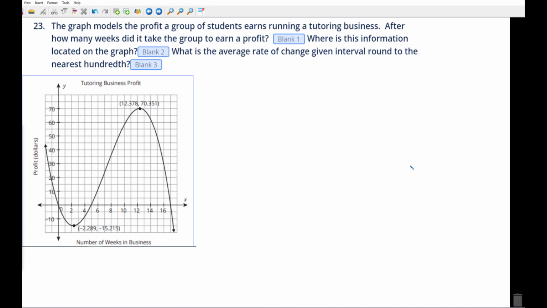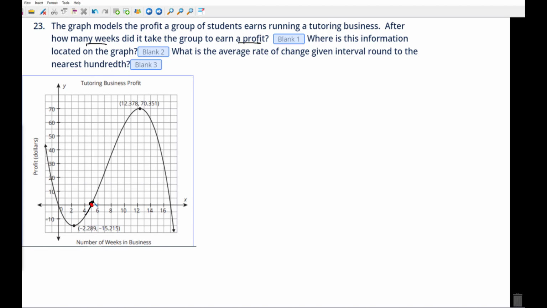So now we're going to look at the profitability of this tutoring business. It asks how many weeks before the group started earning a profit. So we need to look and see when the line crossed to the positive. It was right here. Let me change colors to red so you can see that.